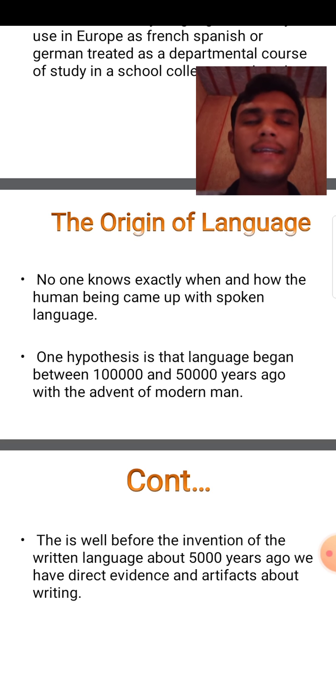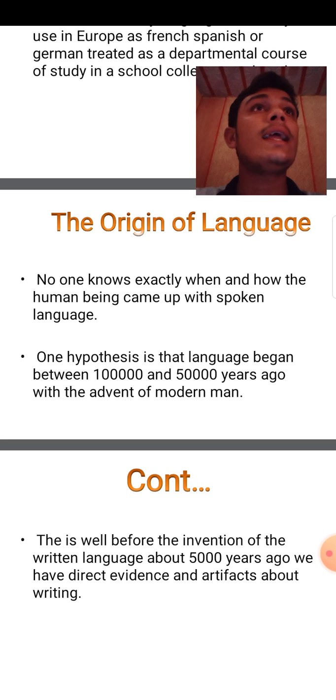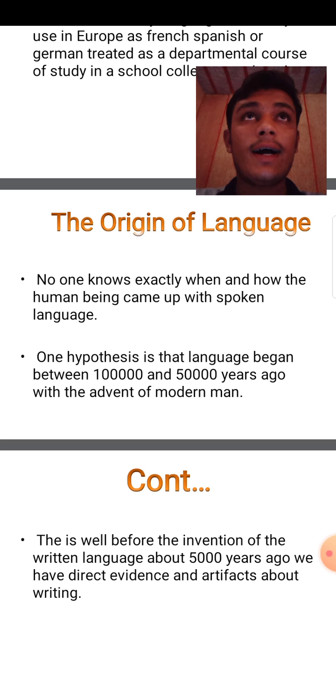But long before, language was used through telling stories and events, not in any written form. The language was not in written form a long time ago.